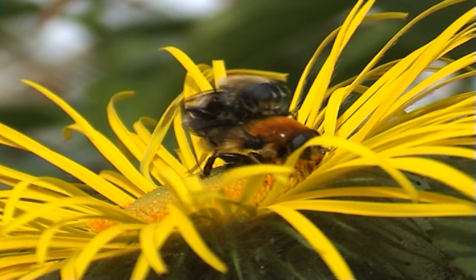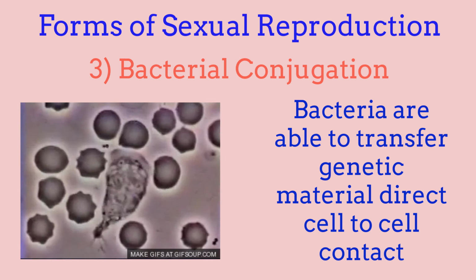So now let's go over what bacterial conjugation is. Bacterial conjugation is basically when bacteria are able to transfer genetic material directly from one cell to another cell. Bacterial conjugation is a form of sexual reproduction since 2 parents are involved. Following the conjugation, new cells will be produced by binary fission.